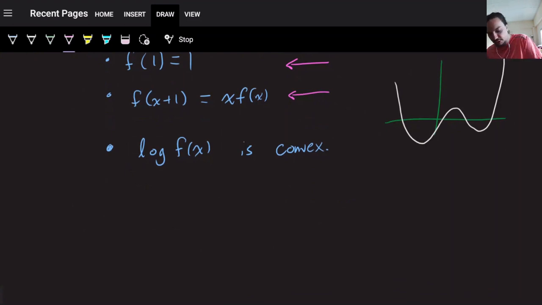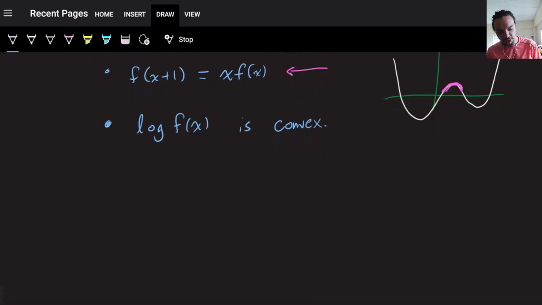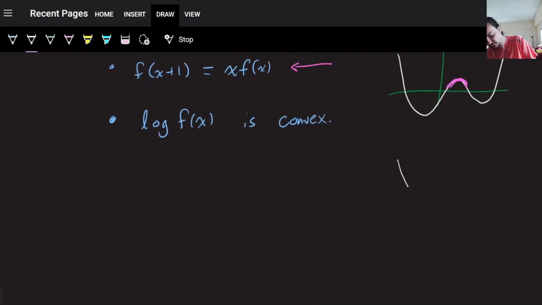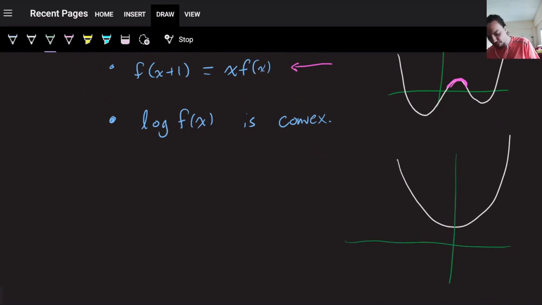But in this function, right here, the second derivative is negative. So in general, a convex function is going to look more like this. Being convex is a pretty heavy requirement on a function. They don't all have to be parabolas, but they will look something like a parabola. They'll look like a bowl.